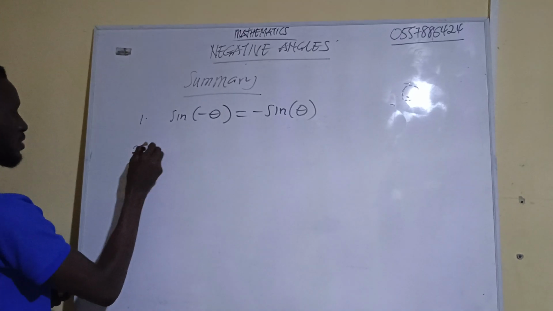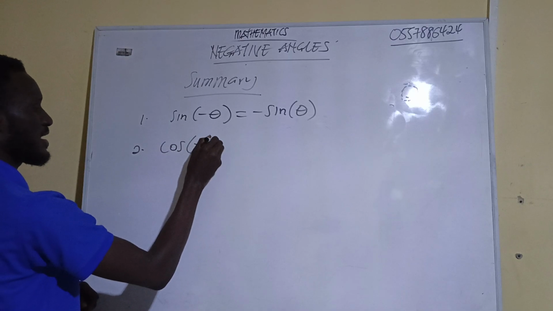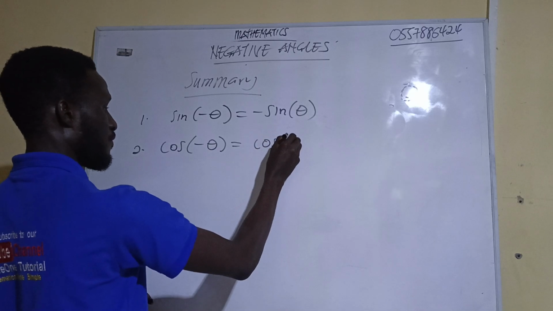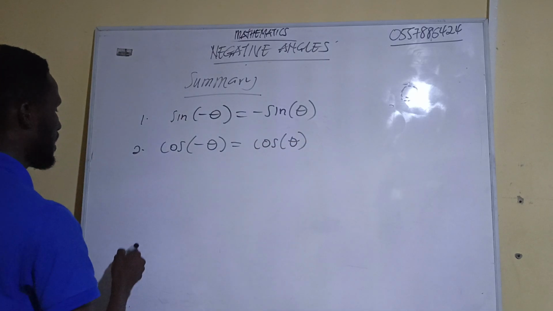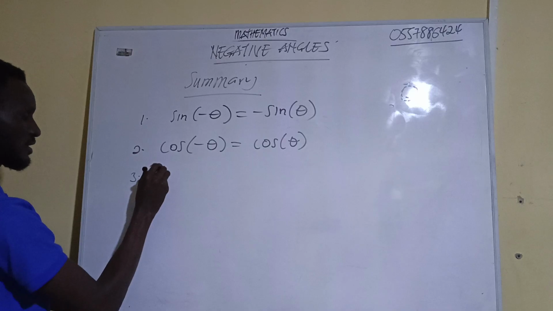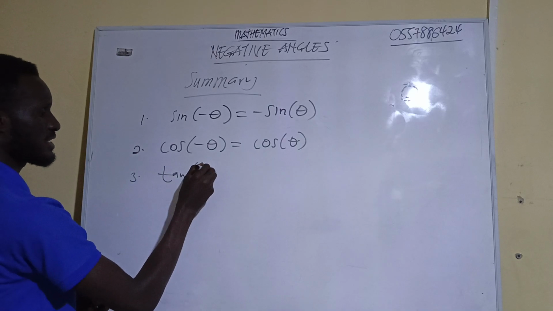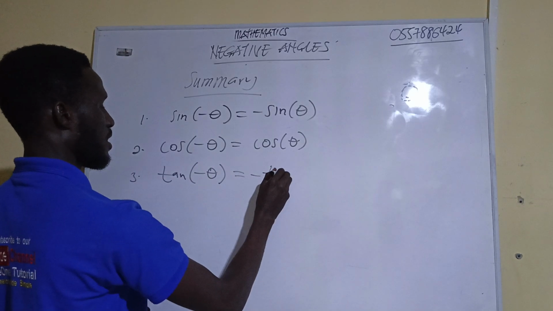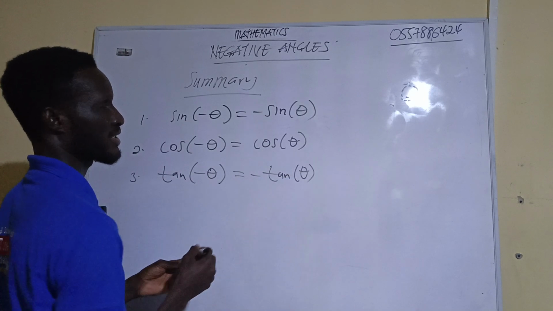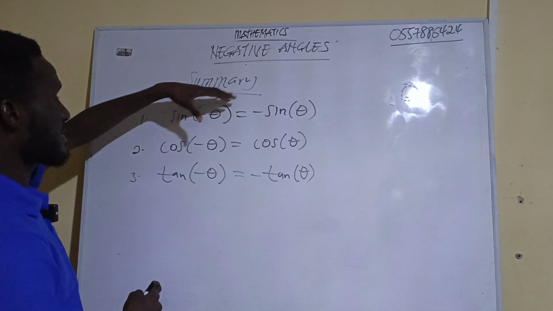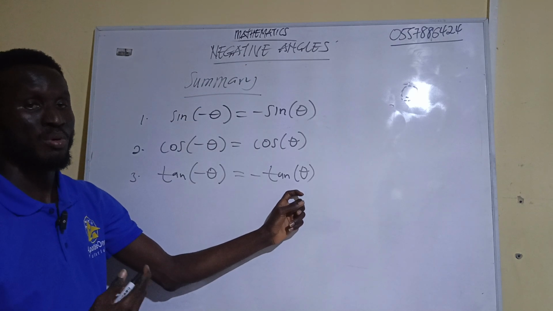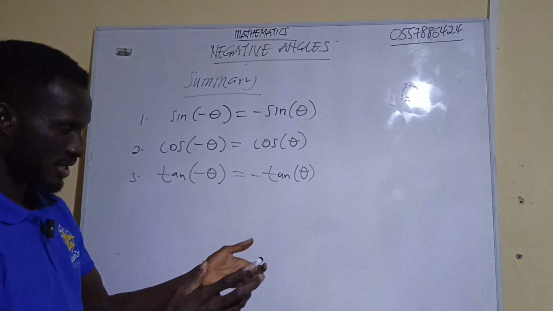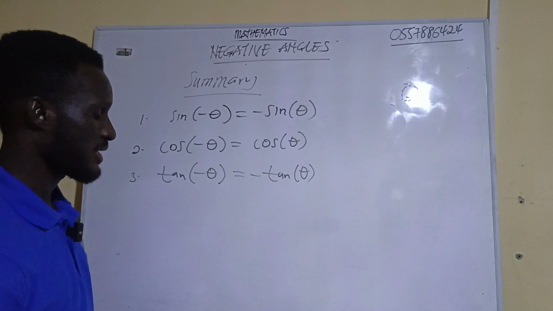And then 2, cosine of any negative angle will give us cosine of the positive of that particular angle. And then 3, tan of any negative angle, tan and sine behave the same way. So negative of what? Tan of the positive of that particular angle. So it means that we can now convert them to what? Positive. Now when we get a positive, then we go through our normal process to solve. As simple as that. Now let's take 1 or 2 questions here.